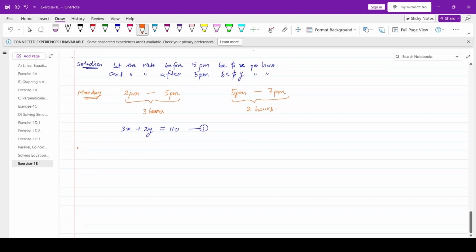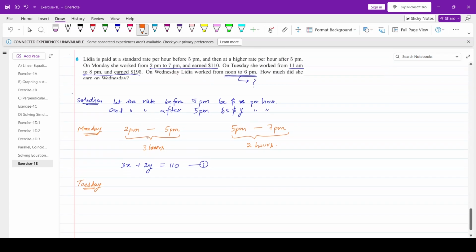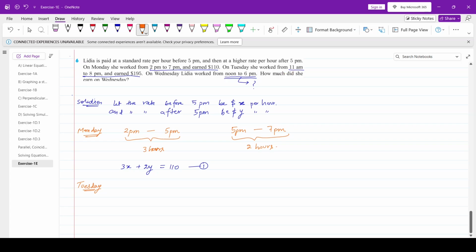Similarly, we can form the equation on Tuesday. So Tuesday, she worked from 11 a.m. to 8 p.m. So we can divide 11 a.m. to 5 p.m. and then 5 p.m. to 8 p.m. This will be 6 hours and this will be 3 hours.